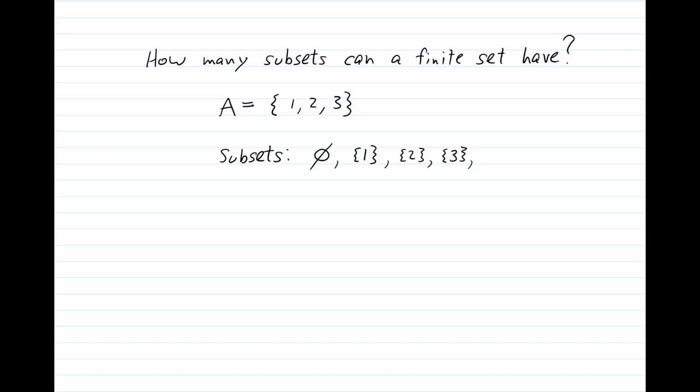What else can I say? How about the set containing 1 and 2? How about the set containing 2 and 3? How about the set containing 1 and 3? That's 7 of them so far. And then what else?